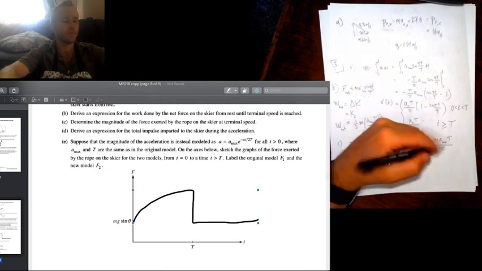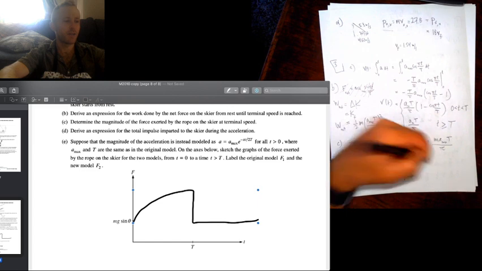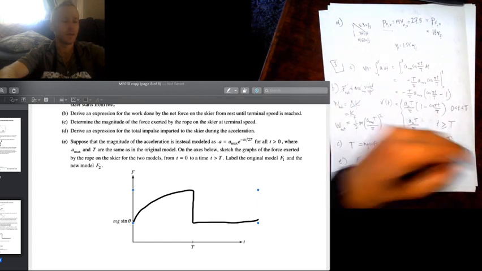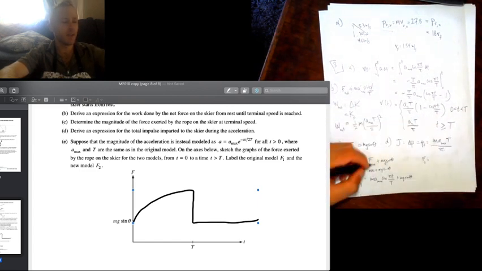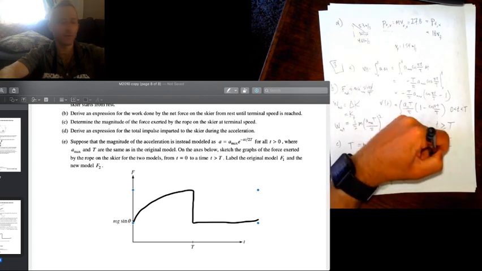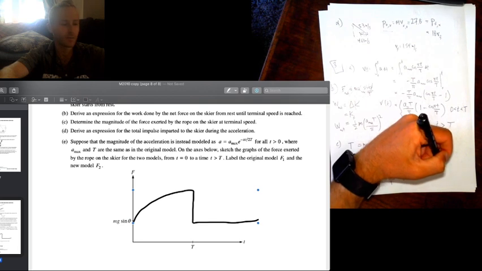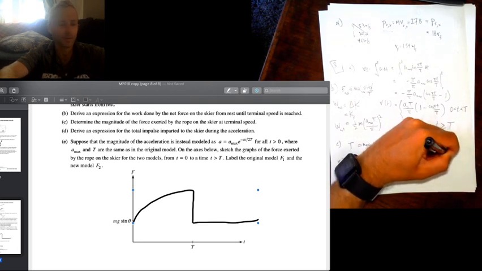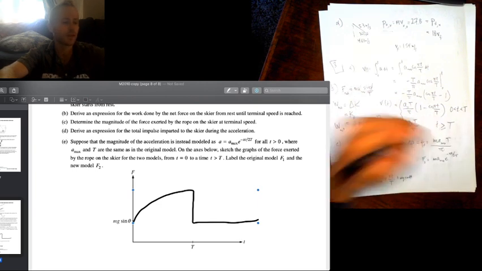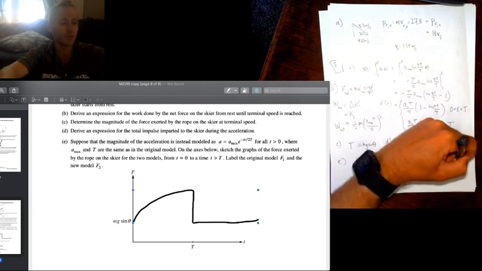For F2, we're going to have, again, ma plus mg sine theta, so we have m times a_max e to the minus pi t over 2 big T plus mg sine theta.